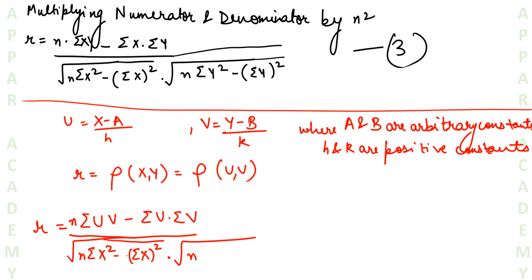So let's just write it down: n summation u square minus summation u whole square, into n summation v square minus summation v whole square.